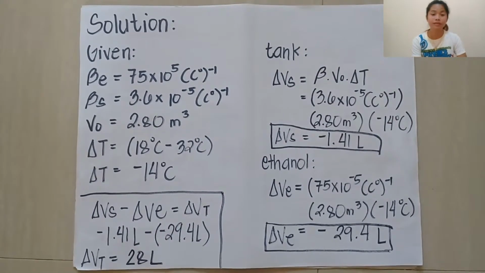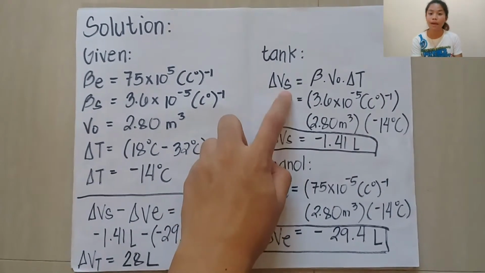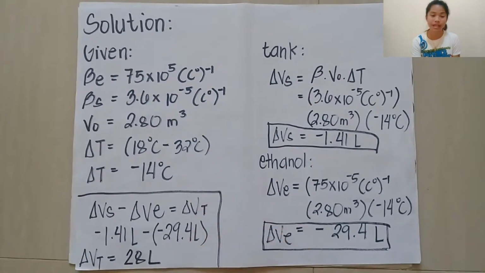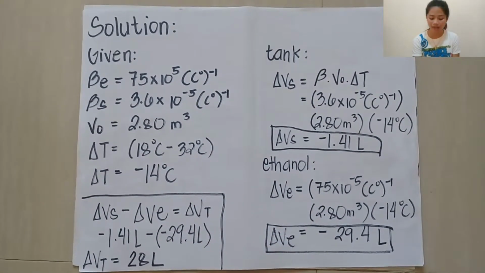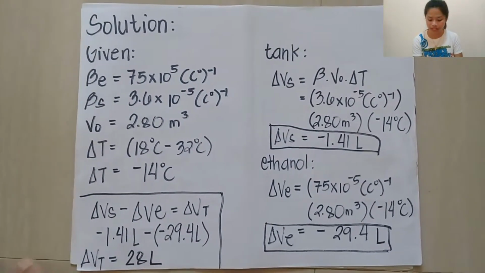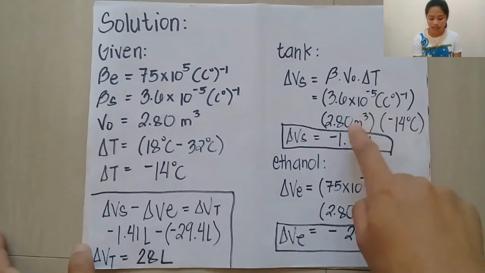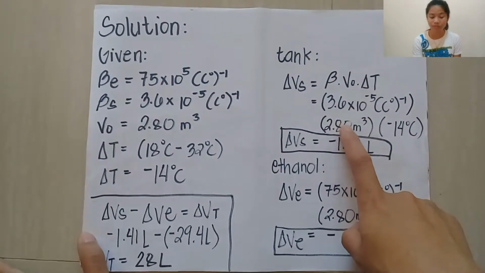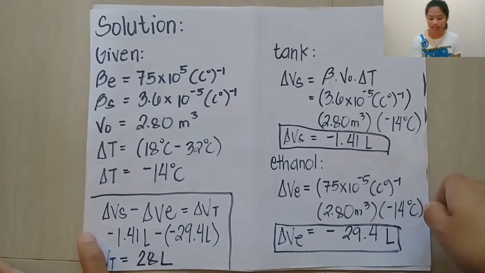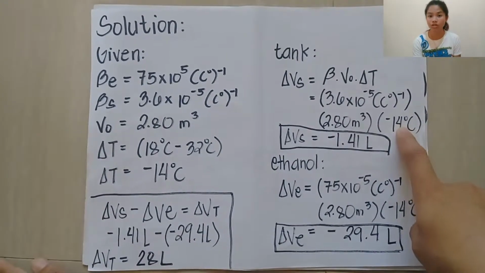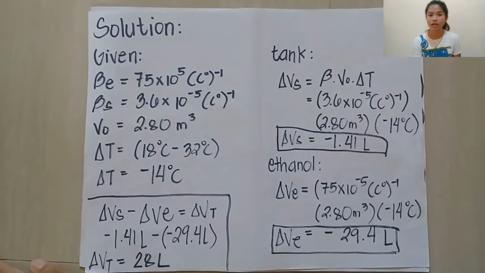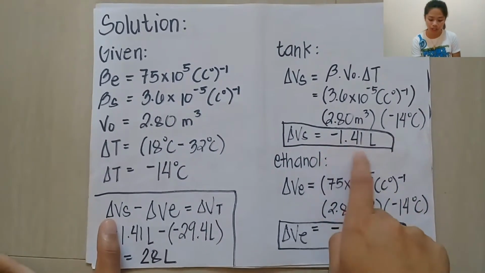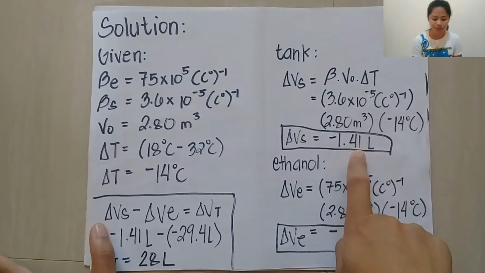The beta of the tank is 3.6 times 10 to the power of negative 5 Celsius degrees inverse, times its original volume, which is 2.80 meter cube, times its delta T of negative 14 degrees Celsius. So the delta V, or the change in volume of the tank, is equal to negative 1.41 liter.